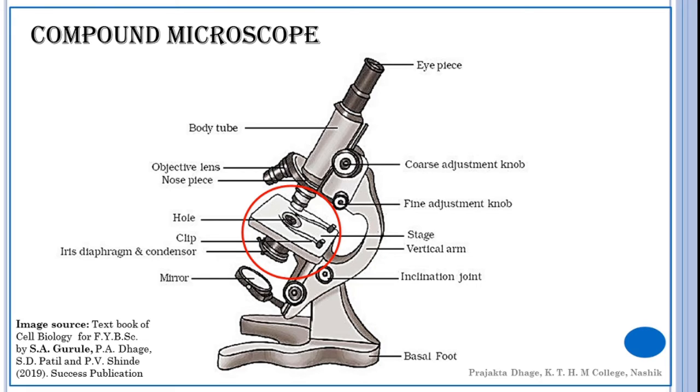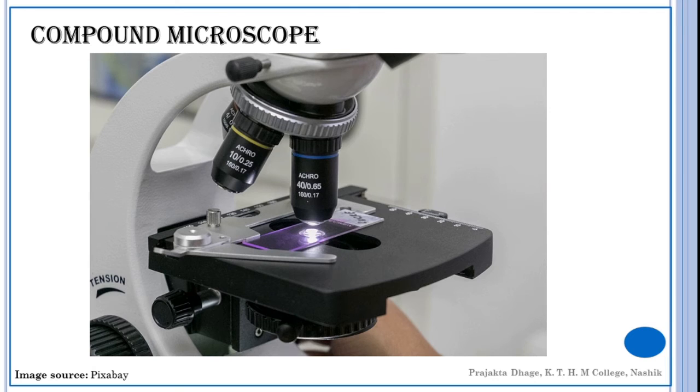It has scales which permit accurate mechanical positioning of the slide. In the next image you will see it is actually a mechanical stage, where you are able to move the slide sideways as well as backwards and forwards.